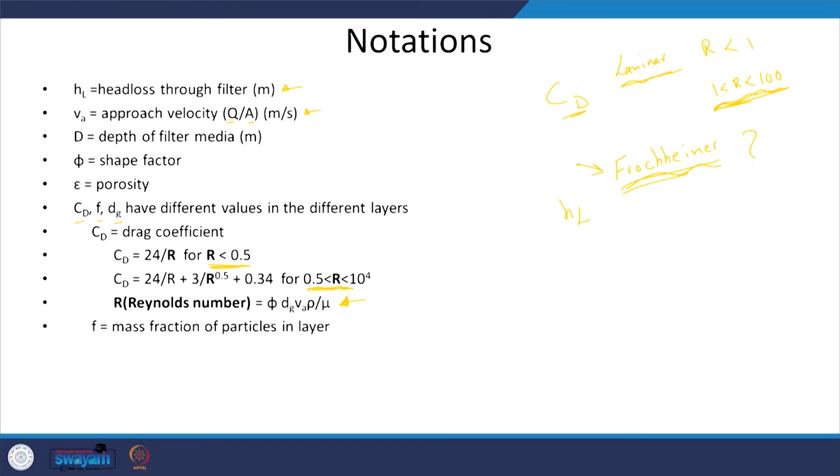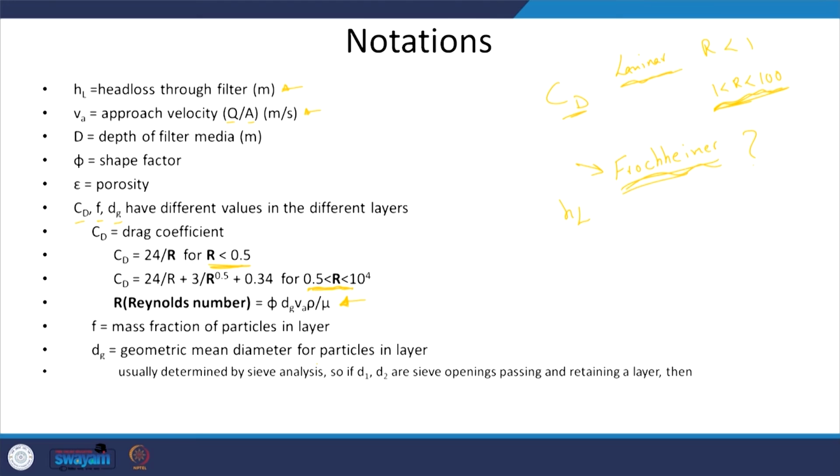So, f is the mass fraction of particles in the layer. As I mentioned, d with the subscript g is the geometric mean diameter of the particles in the layer. When we say by sieve analysis, d1 and d2 are the sieve size openings, and they retain a layer, then dg is equal to the square root of d1 times d2.